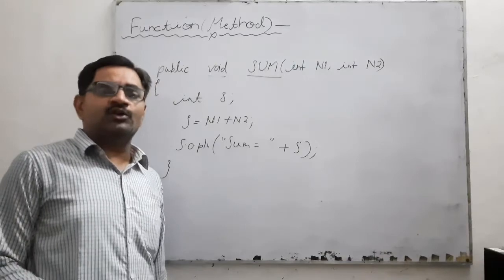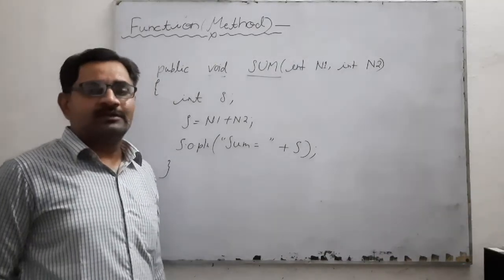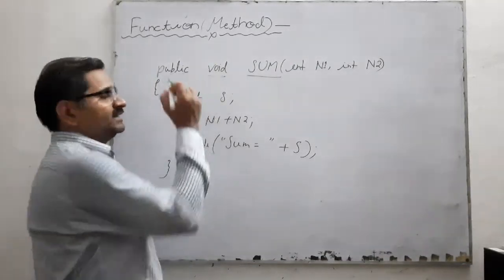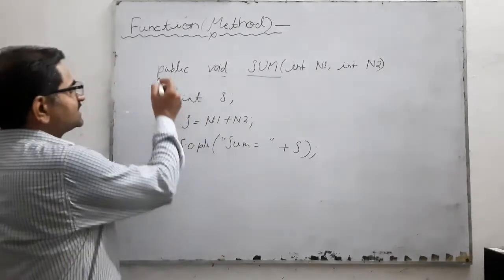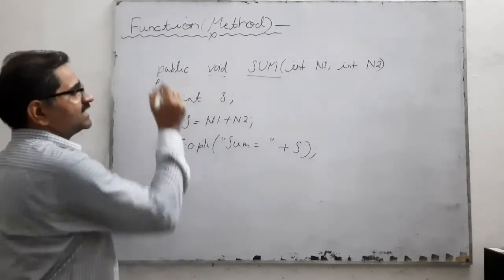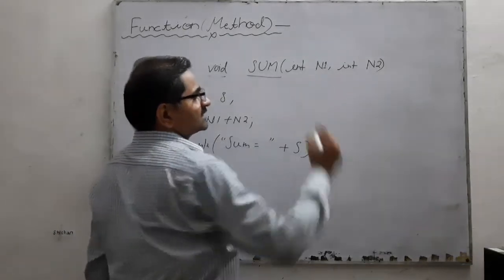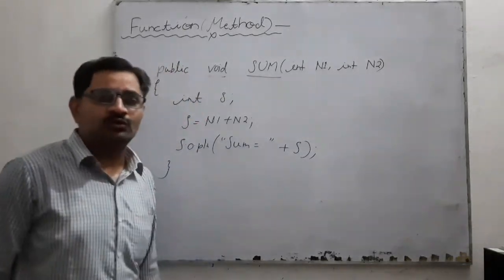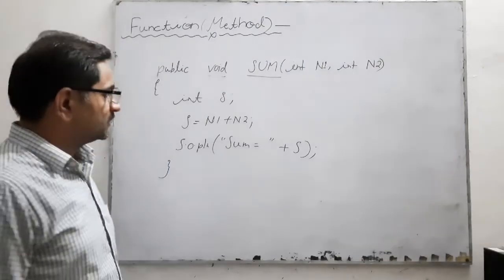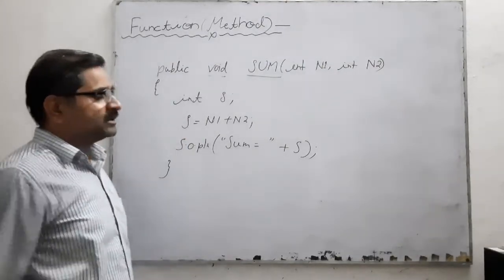But if you don't want to return any kind of value, then you can use the keyword void here. This is the access specifier, as I already told you. This is the parameter list in which n1 and n2 we defined. So this is the example.